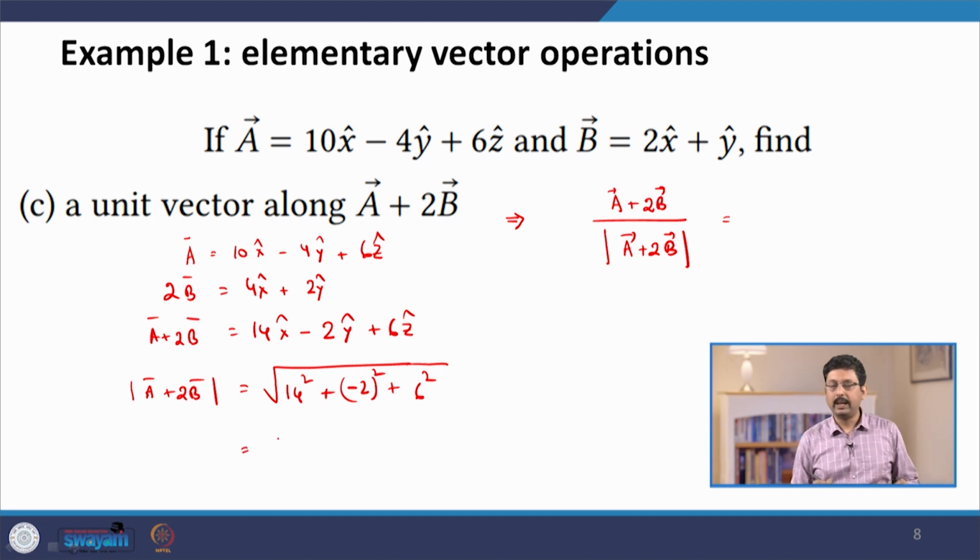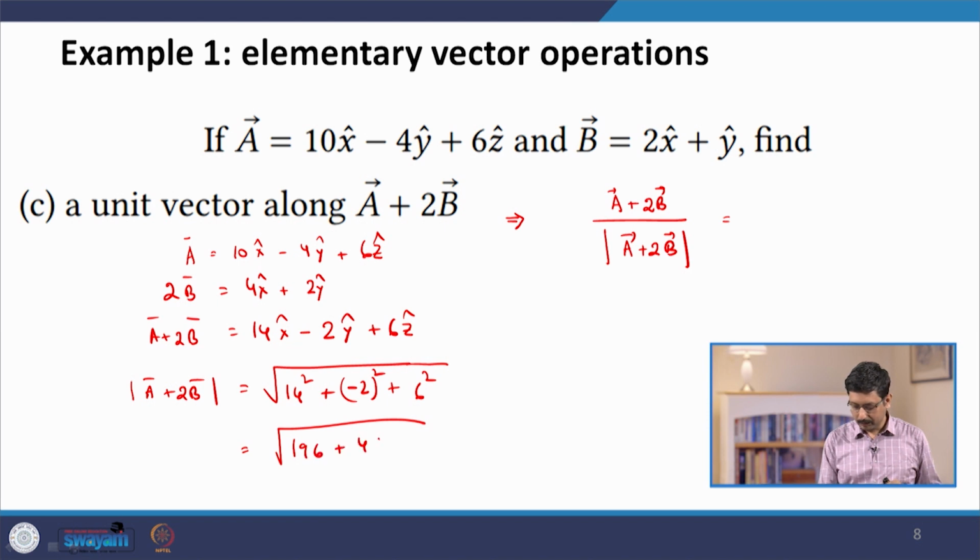So, the magnitude by definition is always positive. So, we always take the positive square root. So, this is 14 square is 196 plus 4 plus 36, which is square root of 236.